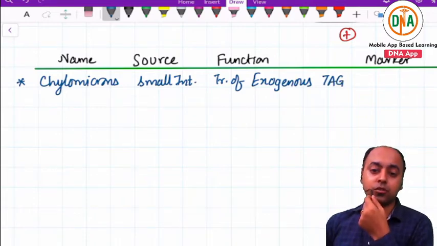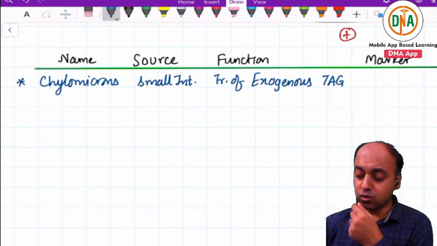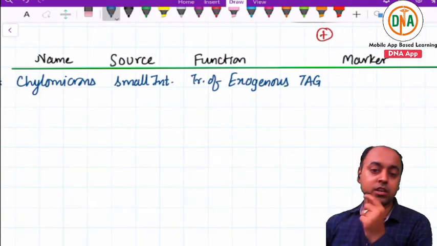They are responsible for the transport of exogenous triacylglycerol.